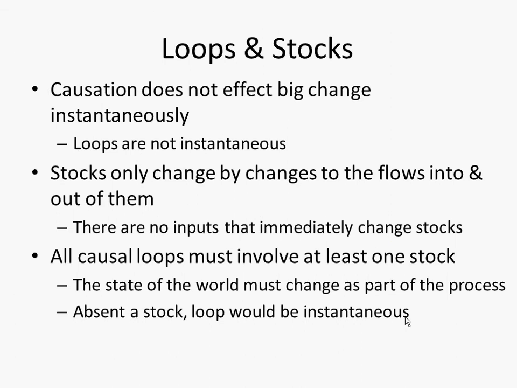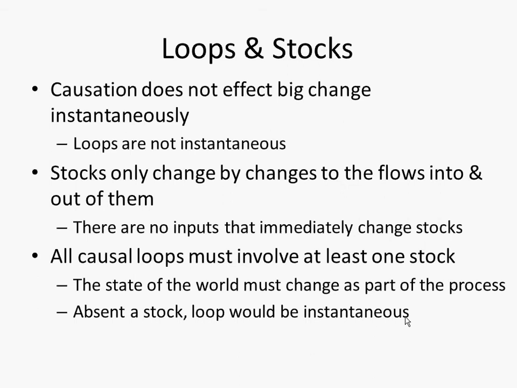There's always a stock and flow involved. That initial change may be associated with the stock, and it ripples around to one or more flows associated with the stock to push back, to drain that stock more quickly, for example, to counteract that initial increase.